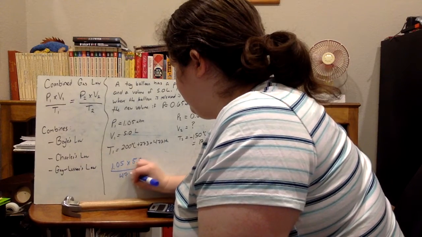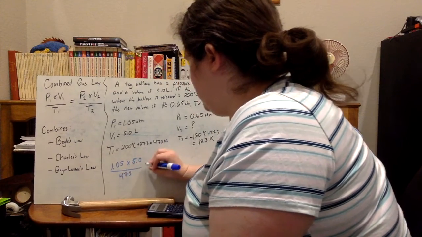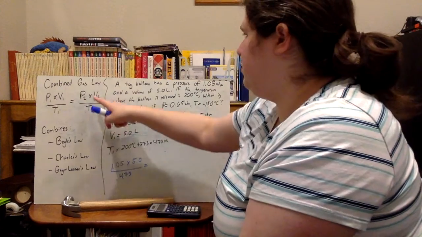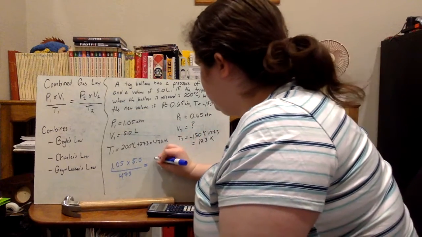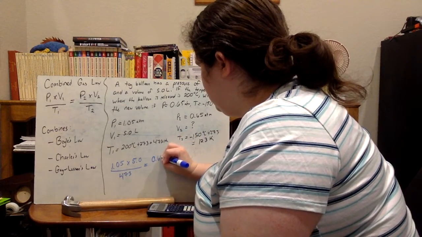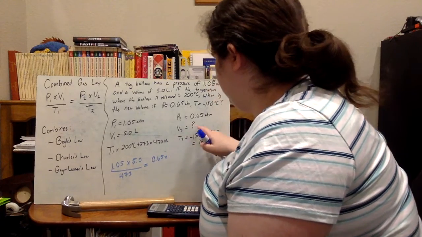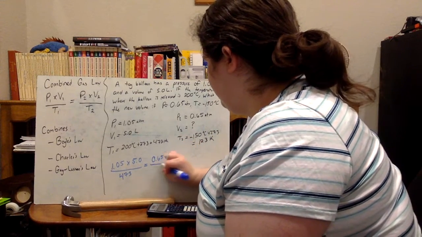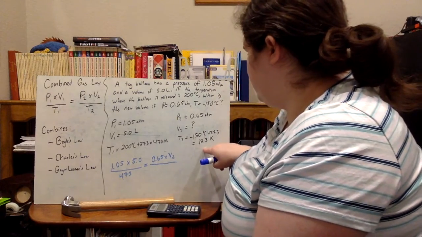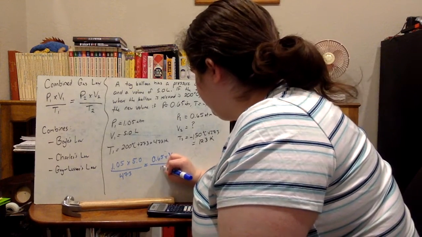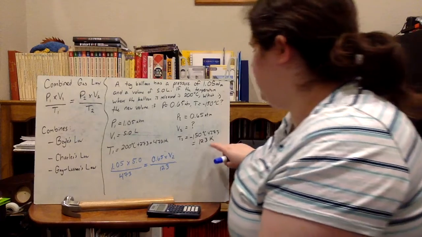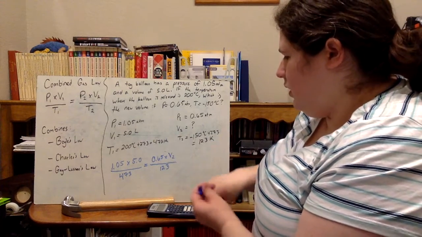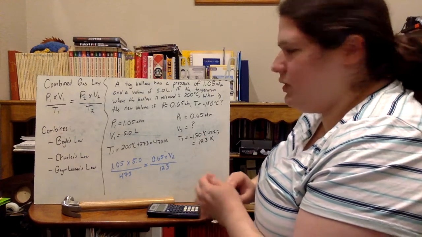Is equal to P2 is 0.65 times V2 is what I'm looking for, so I'm just going to leave it as V2. T2 is 123. Again, we're using the Kelvin value. Okay, that is step 2.